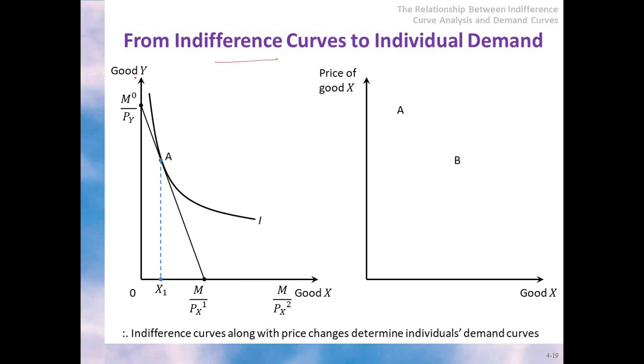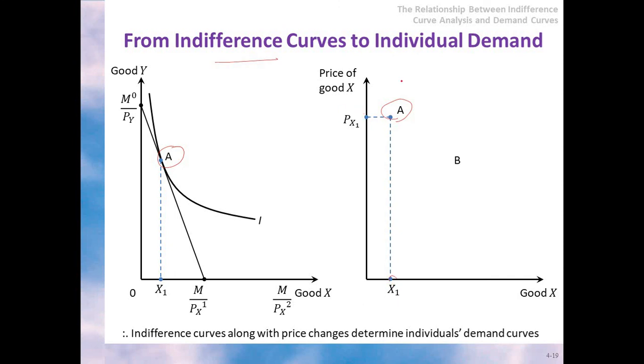This is good Y and good X, this one is the budget line, and this is the indifference curve. Let's say that this individual's consumer equilibrium is at point A. If we correspond to the individual demand curve, this is point A, where this is good X at this price.